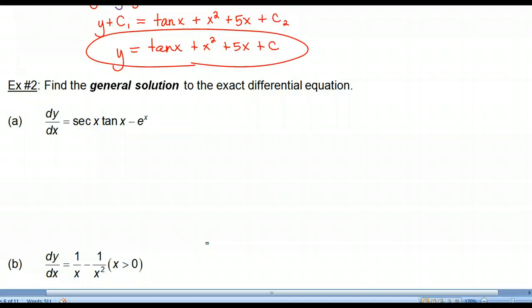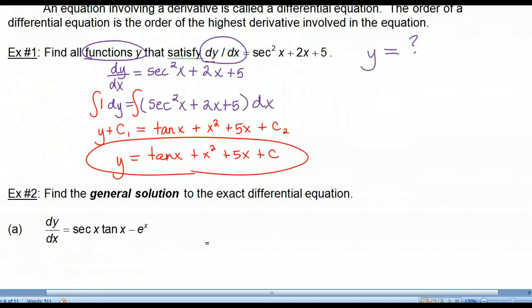Right. So in this lesson, we're going to have a general solution. Anytime you see the words general solution, that's going to be a y equals something, and then a plus c. When I first showed you indefinite integrals, you might have asked why we need the c.